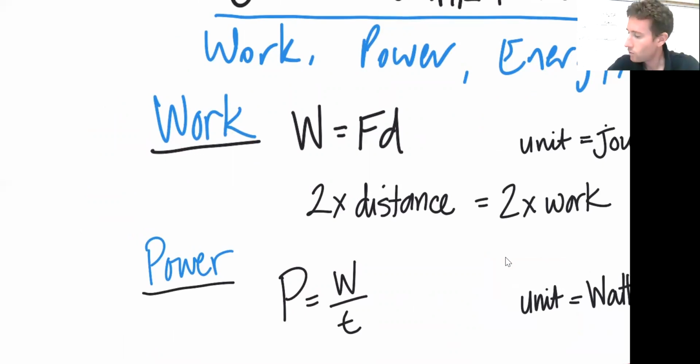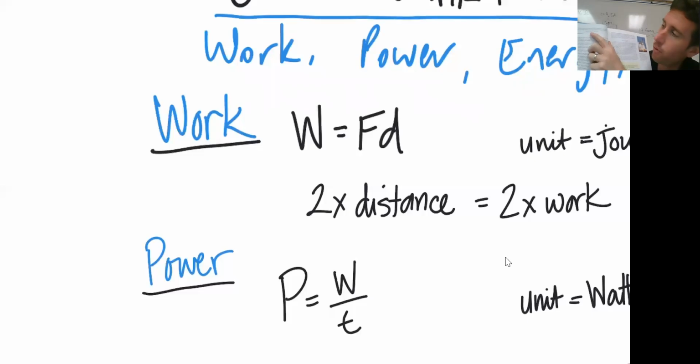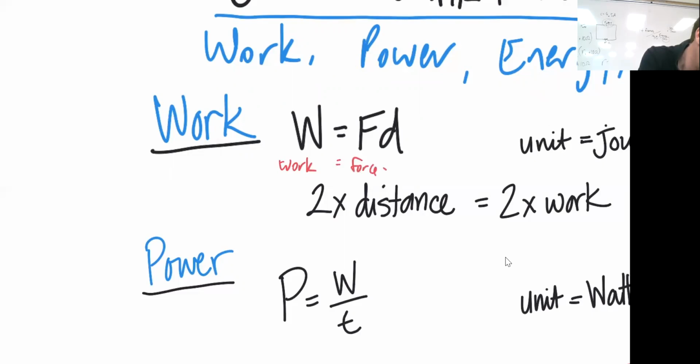If I flip onto page 104, it gives me some italics, and the italics has the equation for work. And work is equal to force times distance, W equals FD. All right, so that stands for work is equal to force times distance.